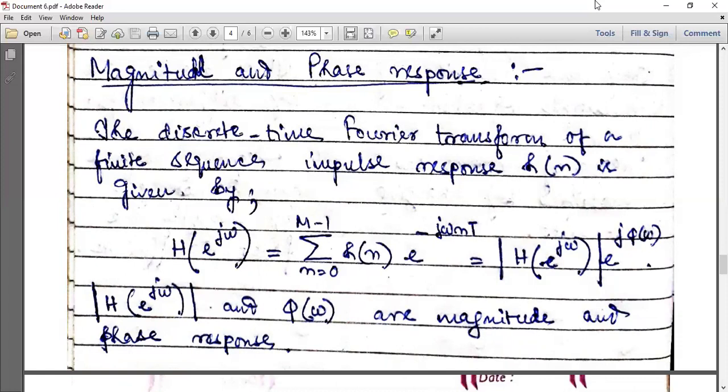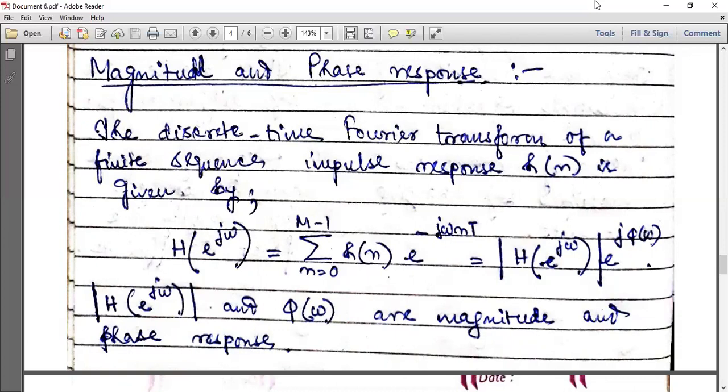Now again you can follow the note. In the note I have written, the discrete time Fourier transform of a finite impulse response h(n) is given by H of e to the power j omega equal to summation of n equal to 0 to M minus 1 h(n) e to the power minus j omega nT.